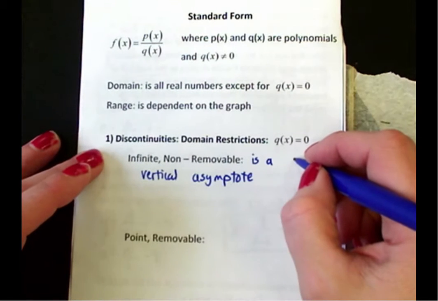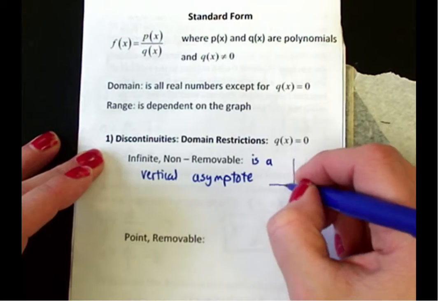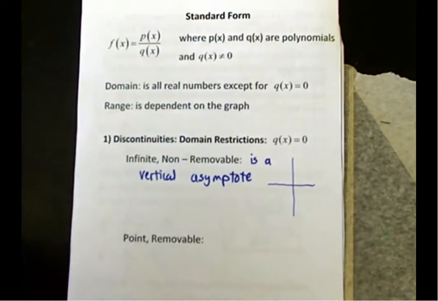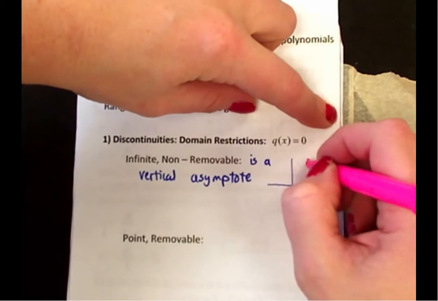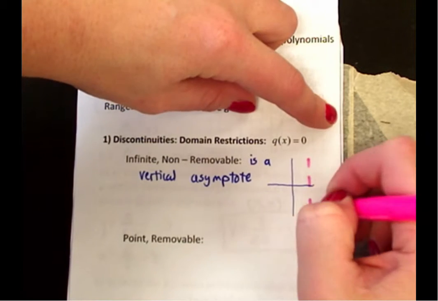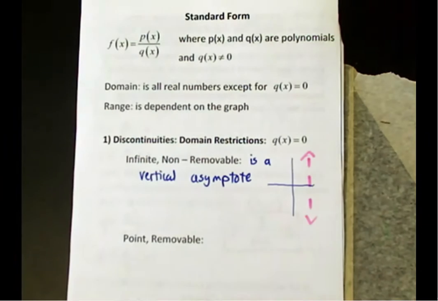And I'm just going to sketch a small picture of what that looks like. We already kind of know. Vertical asymptote. But we're going to say one more thing. Where does the vertical asymptote come from? Anyone know?